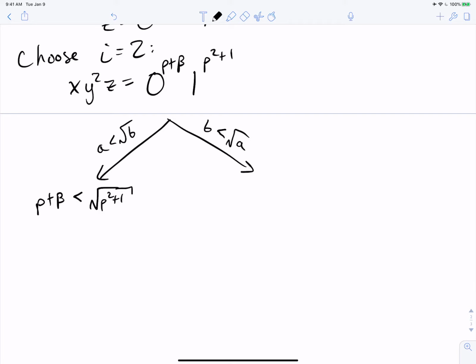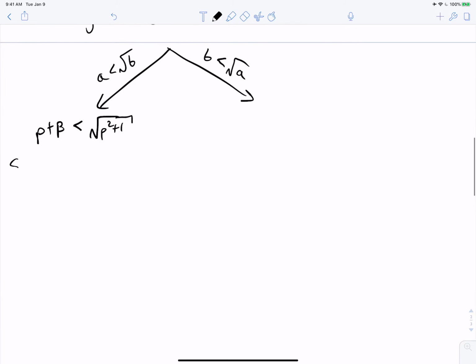Is that true? At minimum, what is p plus beta? P plus 1. Is p plus 1 less than that square root?